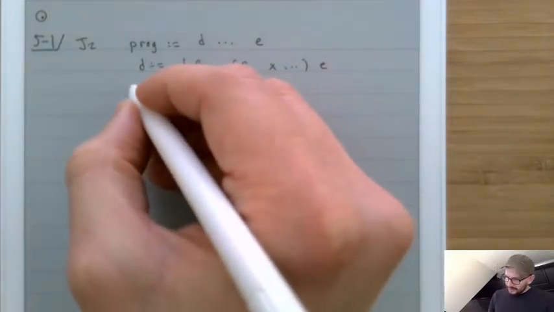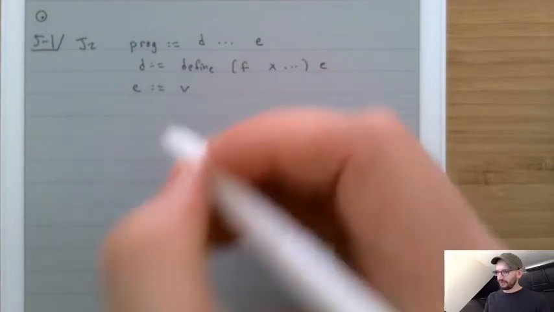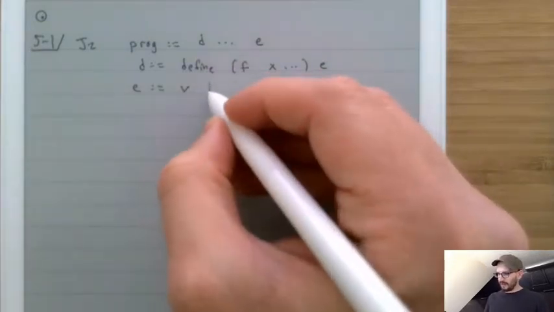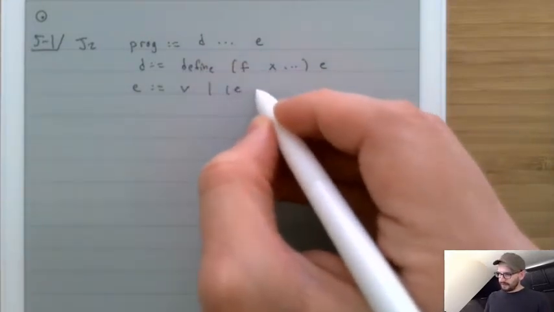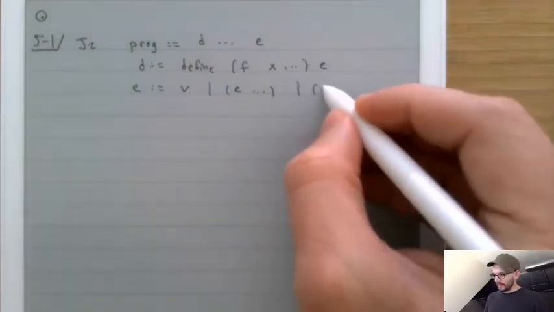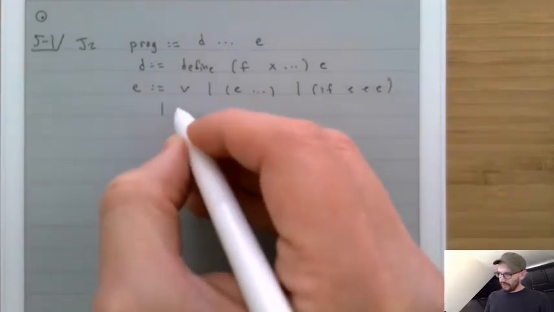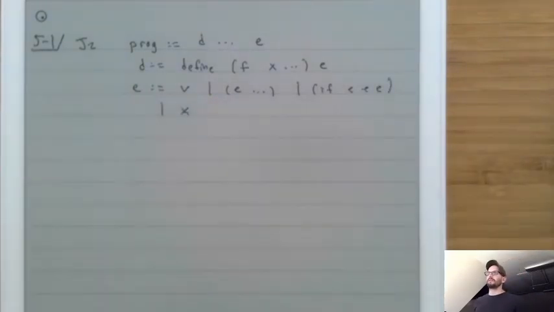If we look at our expressions, they are either values, applications, or if statements, or they're one more thing, and this is new, and that is a variable x.